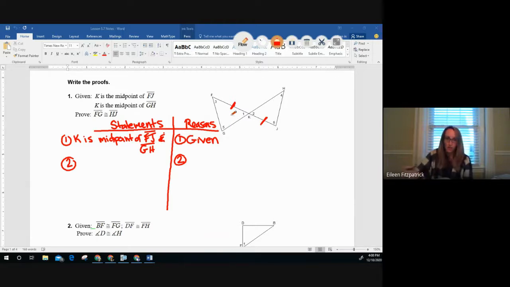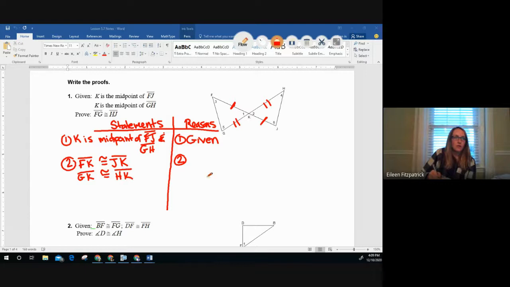And if K is the midpoint of this segment, that means that GK is congruent to HK. So I'm going to write those pieces of information down: that FK is congruent to JK, and that GK is congruent to HK. And that's based on our knowledge of the definition of midpoints.